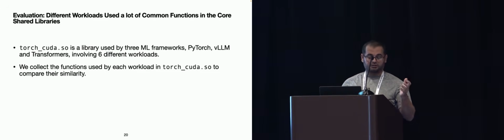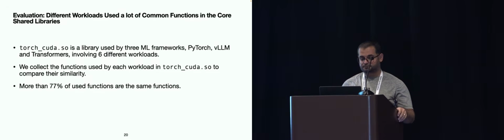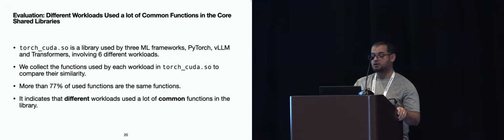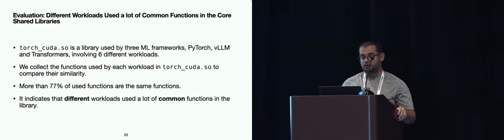And the authors collected the functions that have been executed or used, and they found out 77% of used functions are the same functions. So this indicates that different workloads use a lot of common functions in the library.